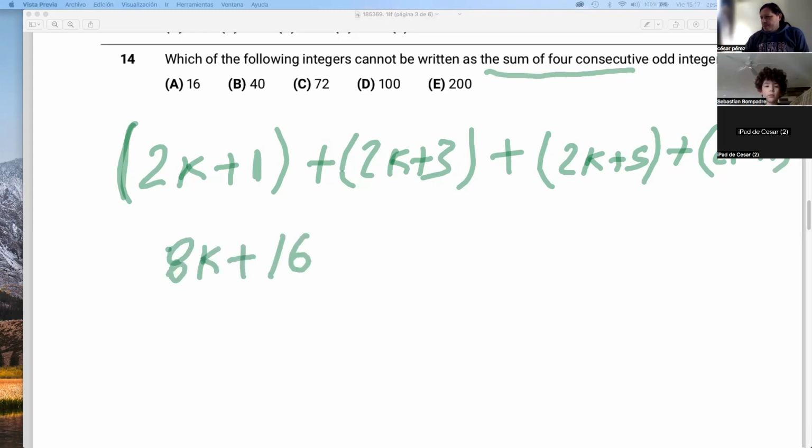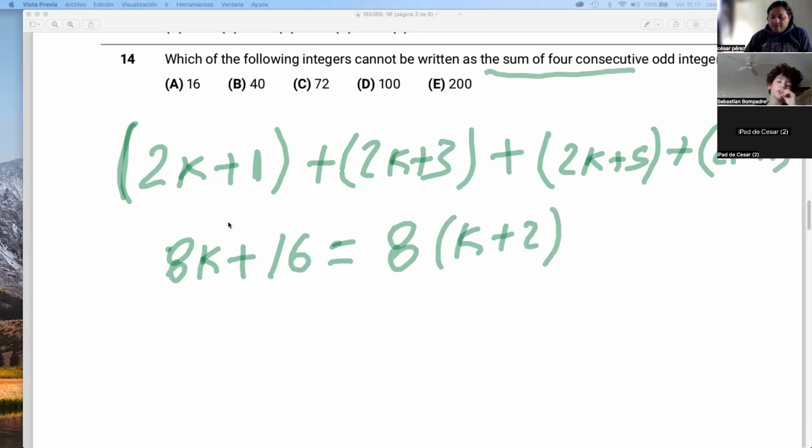Okay. If we add this number, we will get 8k plus 16. And 8k plus 16 can be written 8 times (k plus 2). Okay. So this number can be divided by 8.